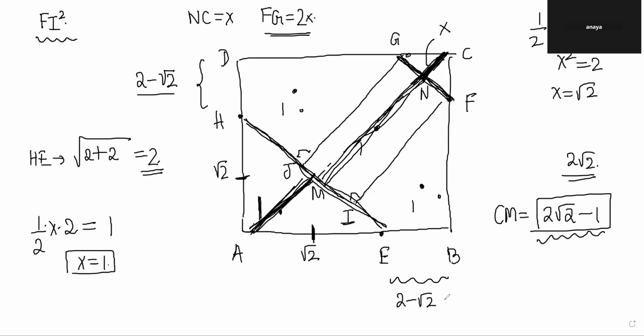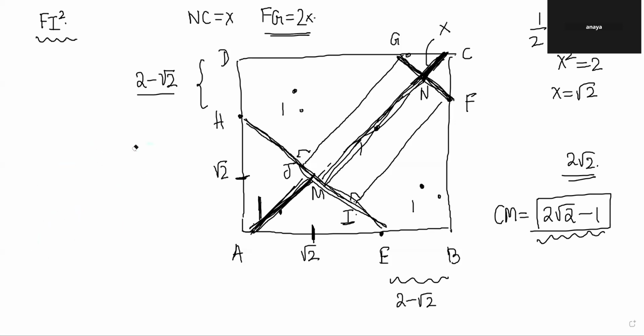The area of the pentagon, if you think of it, the pentagon was CGJIF, right? The area of the pentagon would be the triangle plus the rectangle, right? The CGF triangle plus the rectangle.